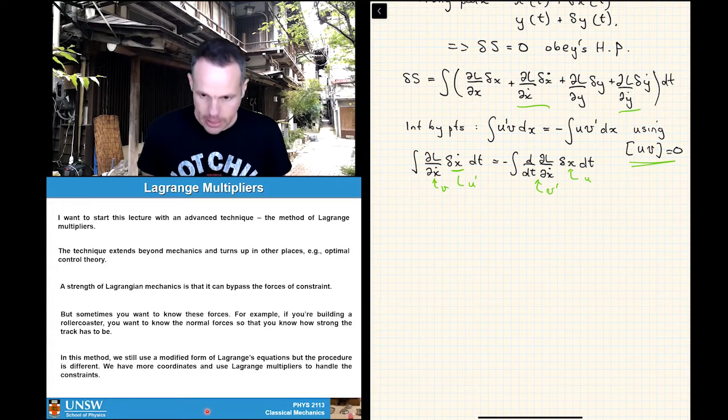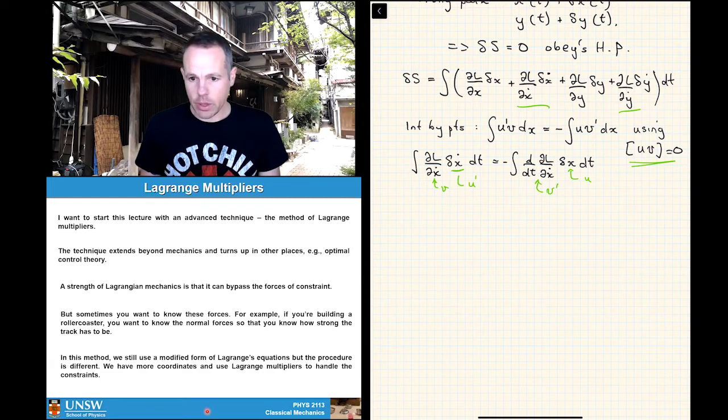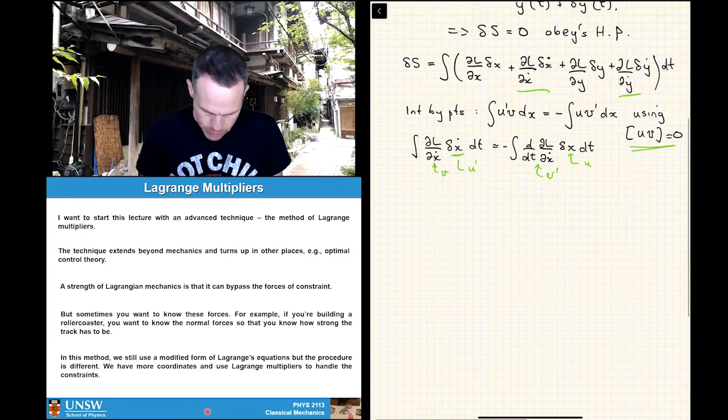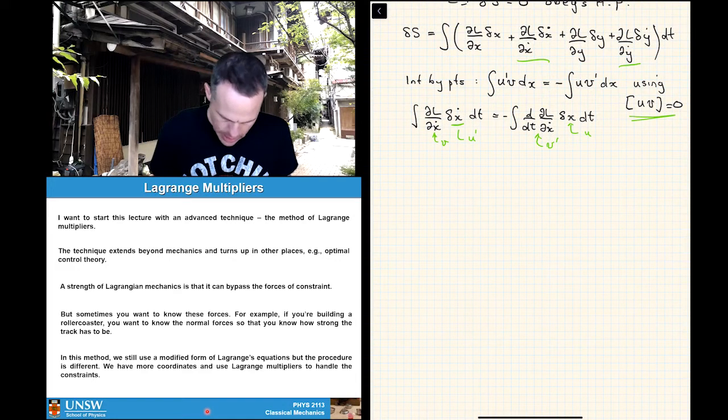Okay, so that's exactly what I've done there, just so it's really clear. And we can do the same thing for y, right? You could write an equivalent expression. So now what we can do in here is go delta s is equal to integral.